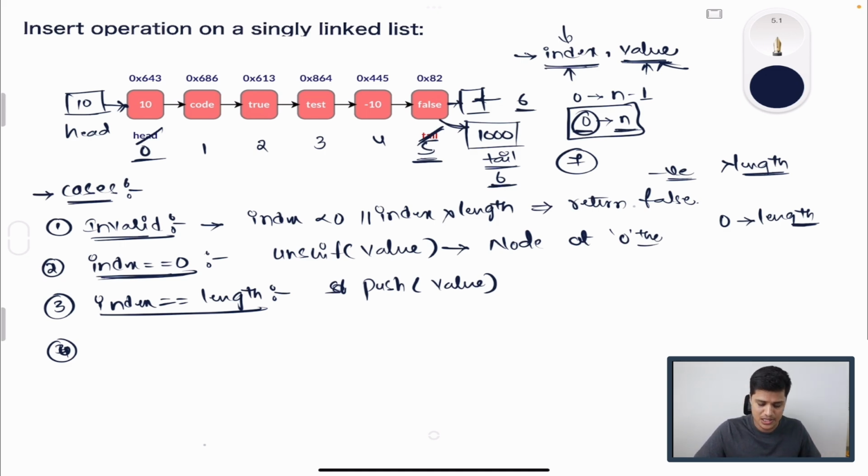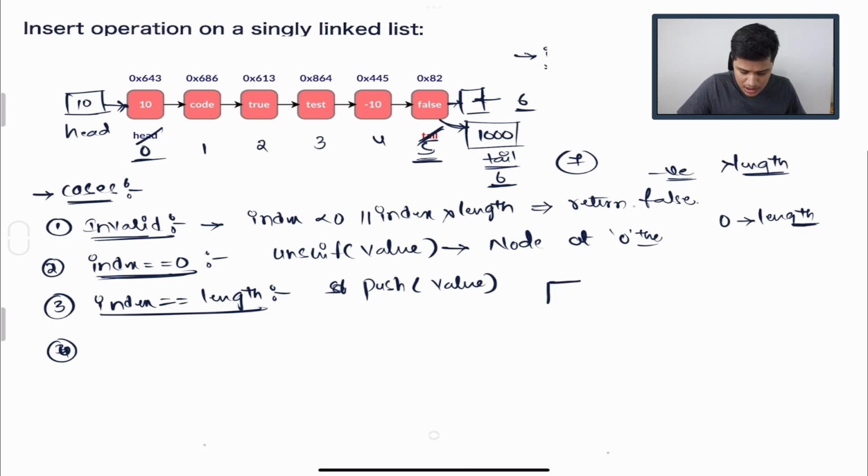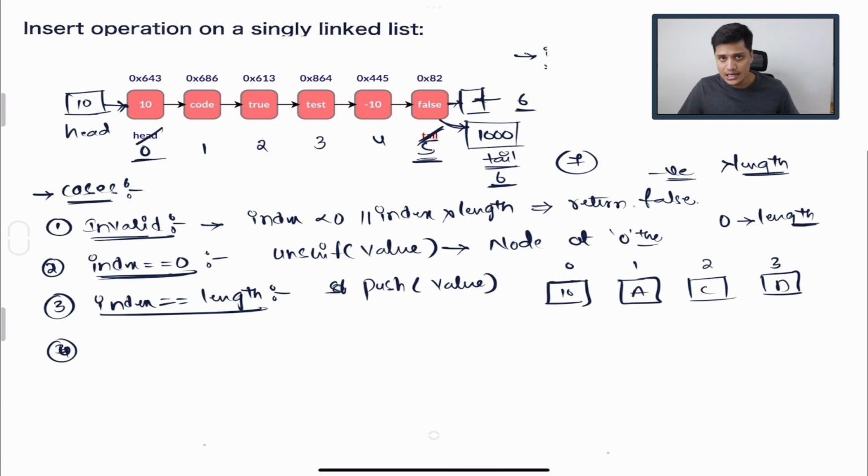Let's assume that we have, let's say, 4 nodes inside our singly linked list. So the indexes will be 0, 1, 2, 3. Let's say the values are 10, A, C, D that we have inside the singly linked list. And we have the head node and the tail node, and each and every node is connected to the next node like we have inside a singly linked list.